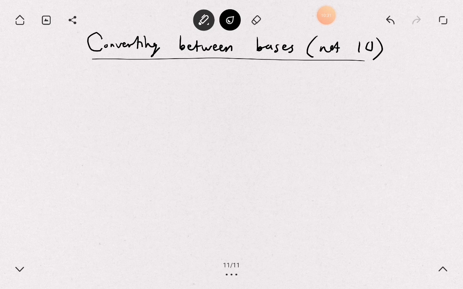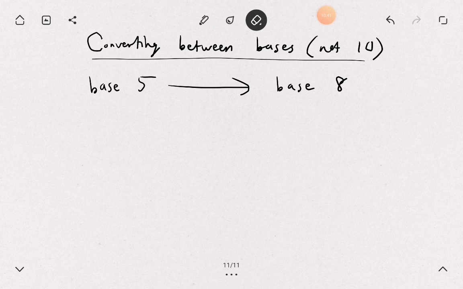Well, if I want to change a number in base 5 to base 8, technically there's no direct method. You can find some special cases where you have direct methods, but for this case, there's none.